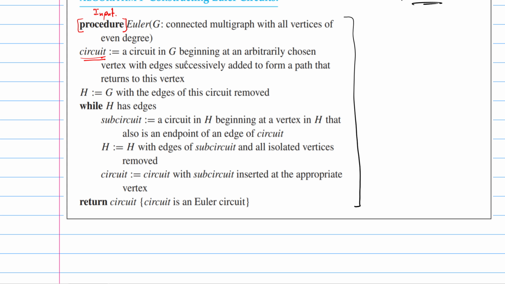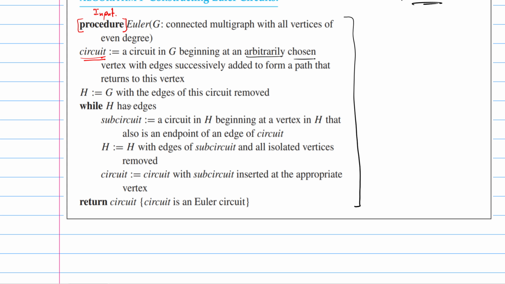So what does it say to do? It doesn't say anything about this circuit having to be an Euler circuit. Successively added to form a path that returns to this vertex. Arbitrarily chosen, though, right? So H is equal to a new graph with the edges of the circuit removed.